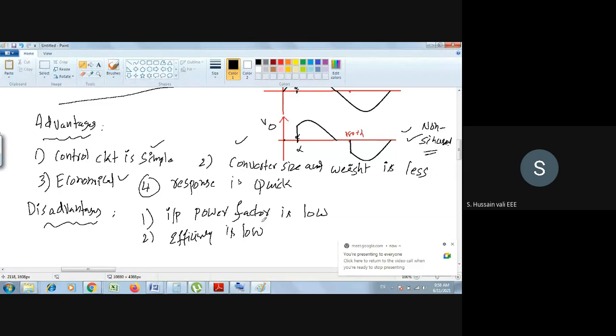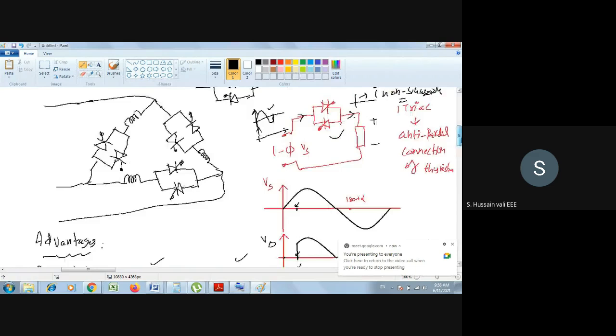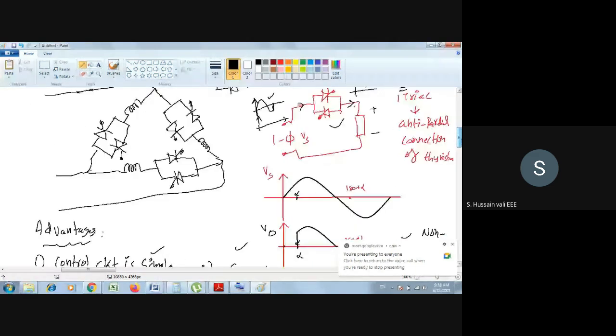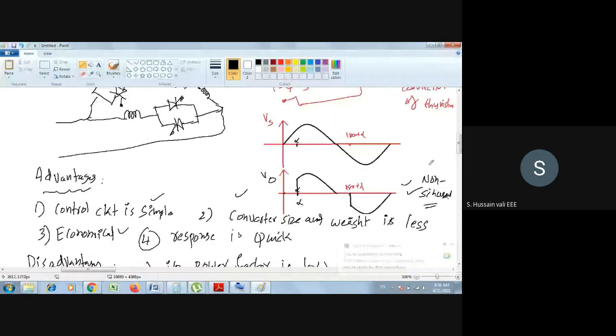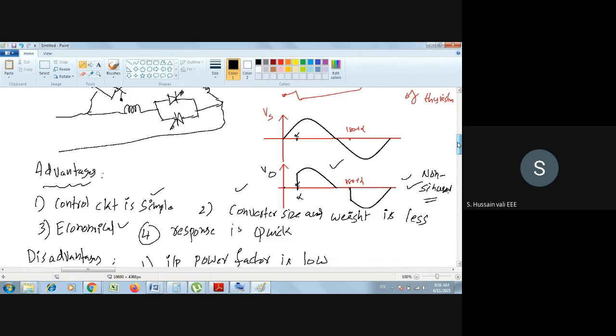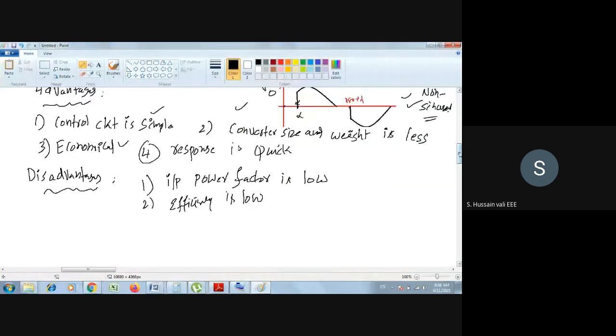Because of this voltage distortion, you will find some harmonics. Apart from the fundamental component, the harmonic components also contribute to the power loss. So the power loss is comparatively more, and when the power loss is more, the efficiency is low.